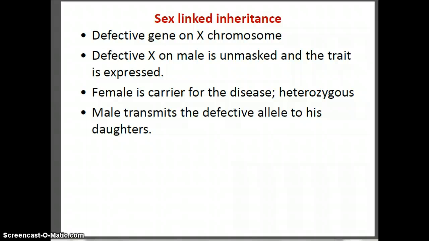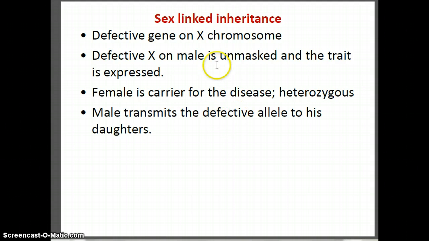Sex-linked inheritance means the defective gene is on the X chromosome. The defective X on the male is unmasked and the trait is expressed because the Y chromosome does not contain any information for these particular diseases, and therefore we could say does not provide genetic dominance or genetic protection for this condition.